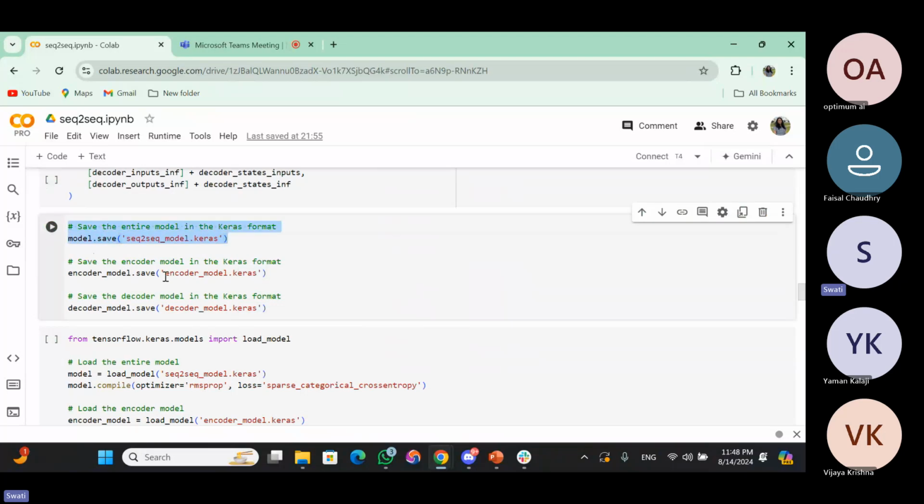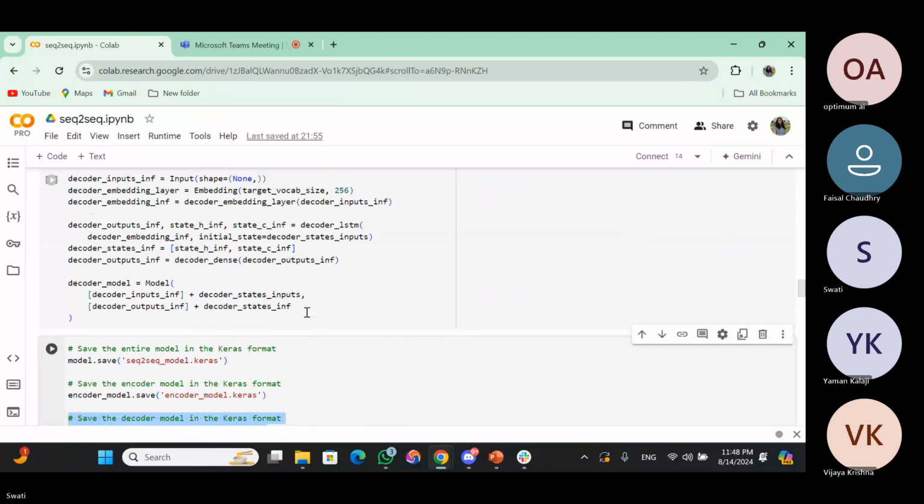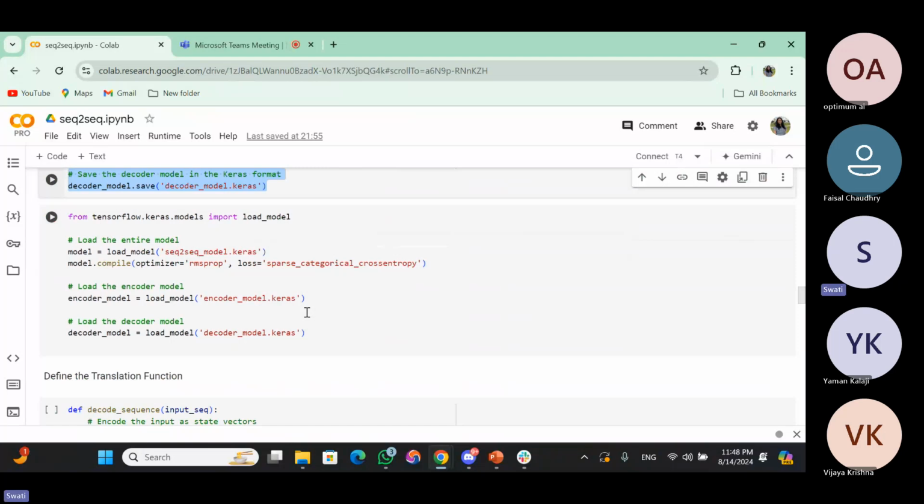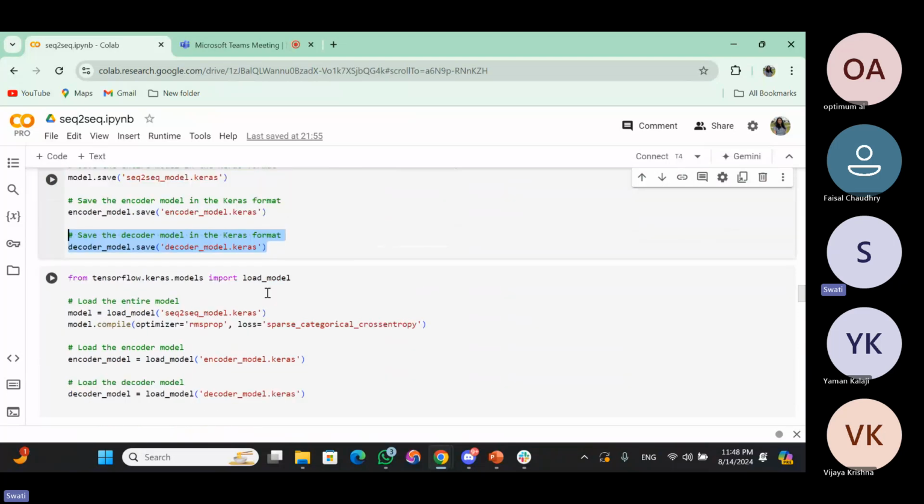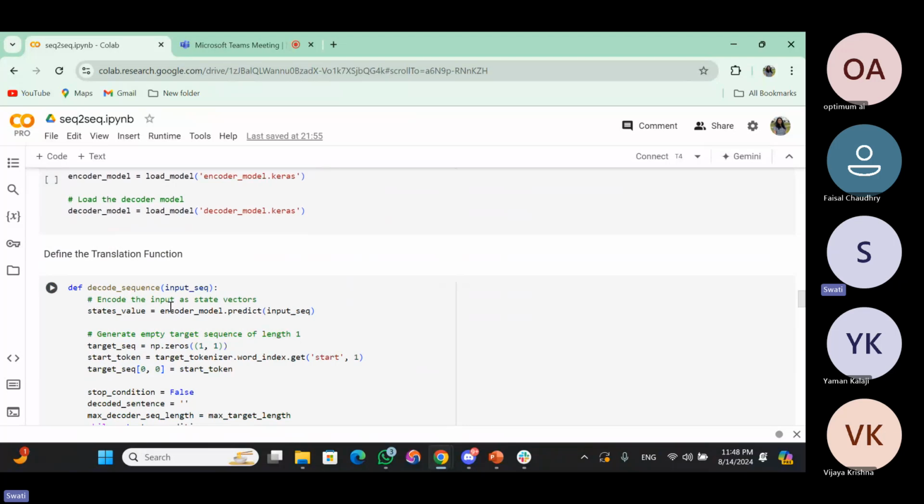I'm saving it like this, and then I'm saving the encoder model and decoder model separately. Here is how you can load the models. You can skip this part if you are doing it in one go, because you will already have it in your current drive.